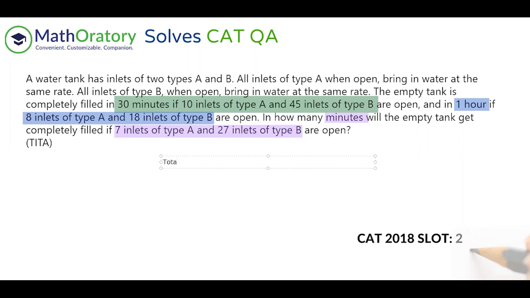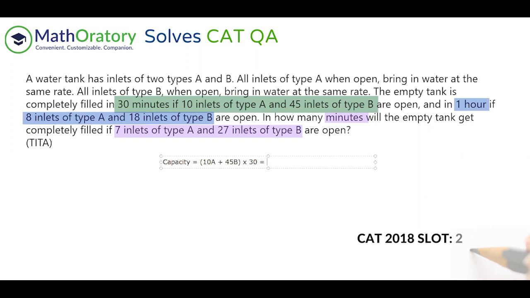So the total capacity of the tank, if I consider the first information, the one highlighted in green, is 10 of A, the total efficiency from all the A's, and 45 of B's, the total efficiency contributed from all the B's, and that works for 30 minutes. I'm working with minutes because the question is asking for minutes, so I'll calculate everything in minutes.